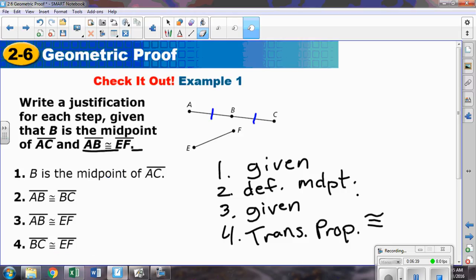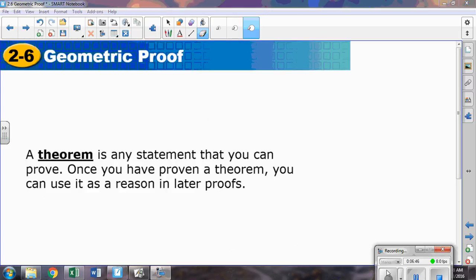The list of things that we know are true on the left, and the list of reasons why we know they're true on the right. One of the main things that we'd like to work with are called theorems. And theorems are nothing more than statements that you can prove. One of the advantages of that is after you have proven a theorem, it is now something that you know is true.